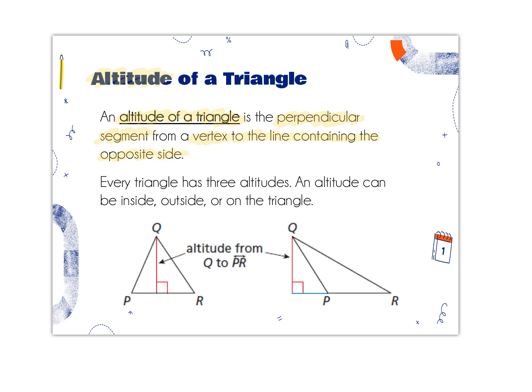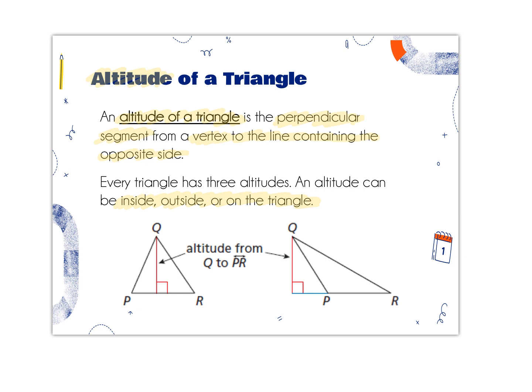All those altitudes, rather. And it can be inside, outside, or on the triangle. So again, this is very similar to the circumcenter from the first day, where that also could be inside, outside, or on, okay?